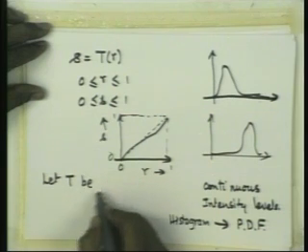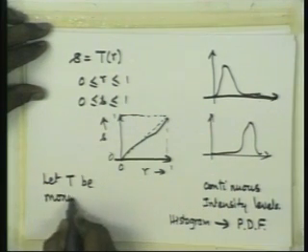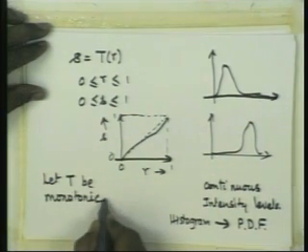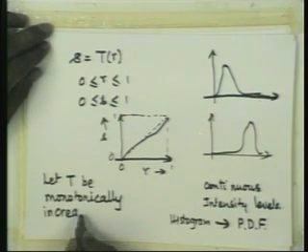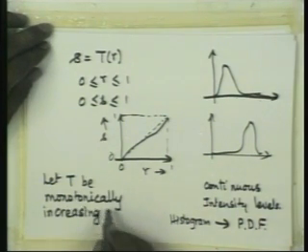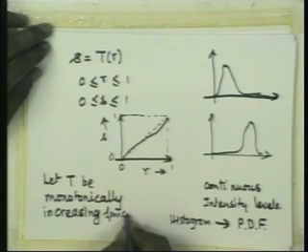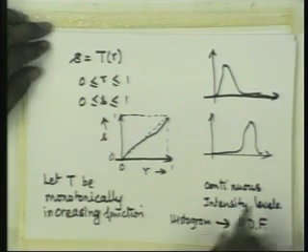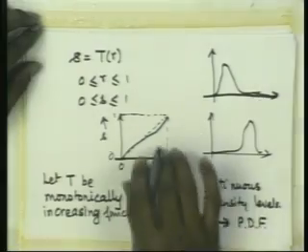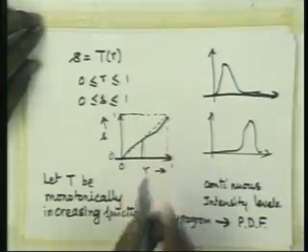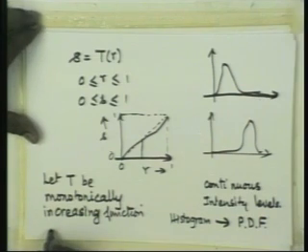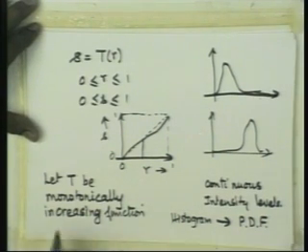Okay, so let T be a monotonically increasing function, right. If I do that, then a unique value will come if I also assume that it is a single valued function. Okay, so a monotonically increasing function and also single valued.